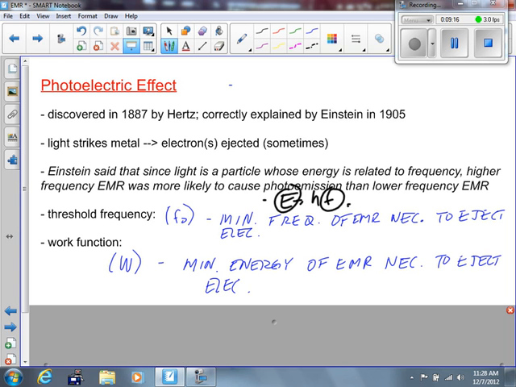Final little thing here. If energy is h times f, then minimum energy, work function, is equal to h times minimum frequency, or h times f0. So the work function equation, and it does appear on our data sheet, is h times the threshold frequency.